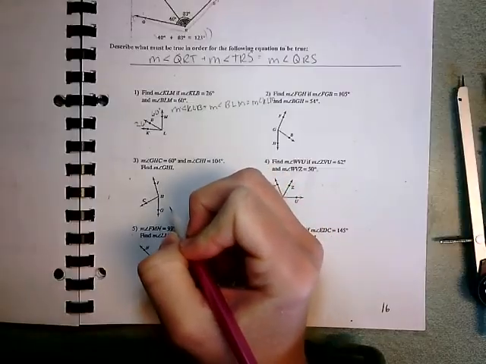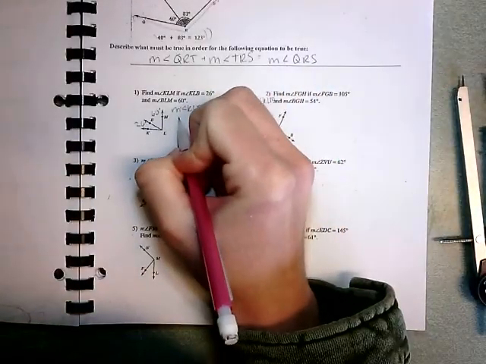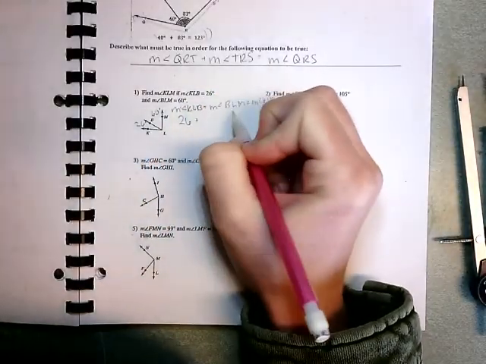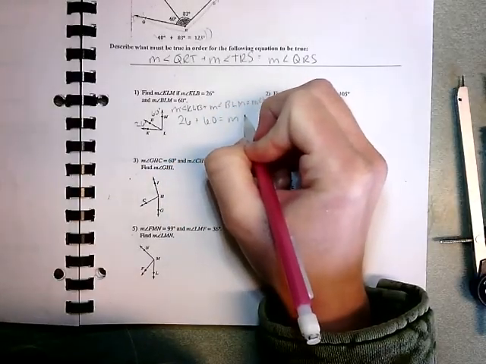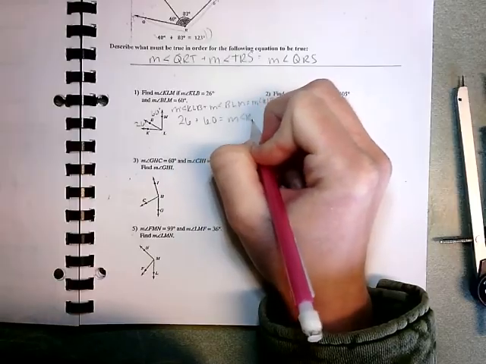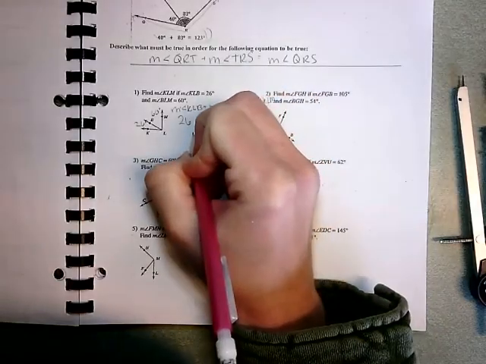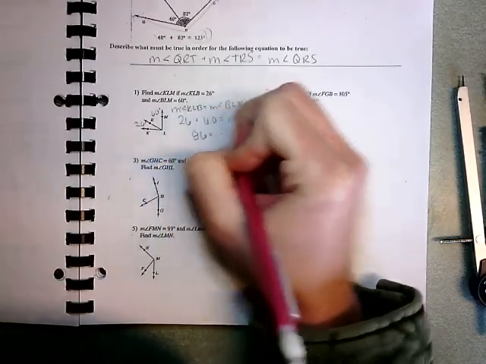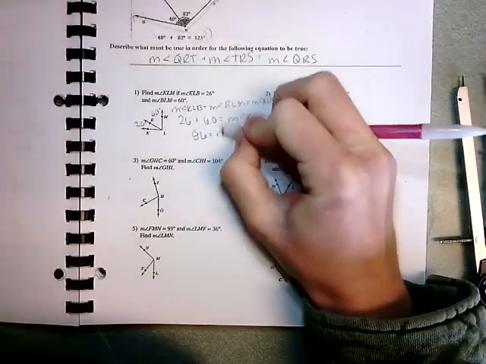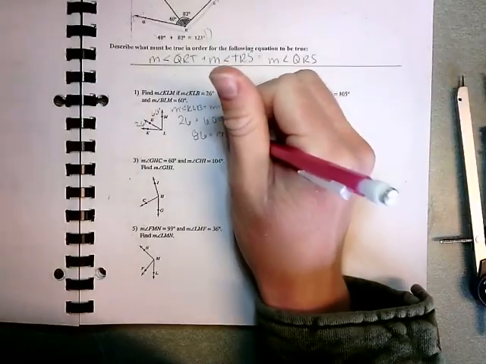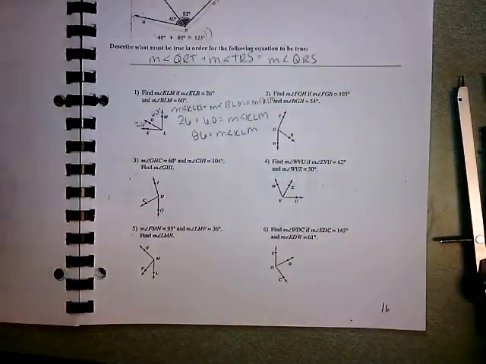The measure of KLB is 26 and the measure of BLM is 60, so 26 plus 60 gives us the measure of angle KLM. That's 86. Okay? All right, so let's look at number 2.